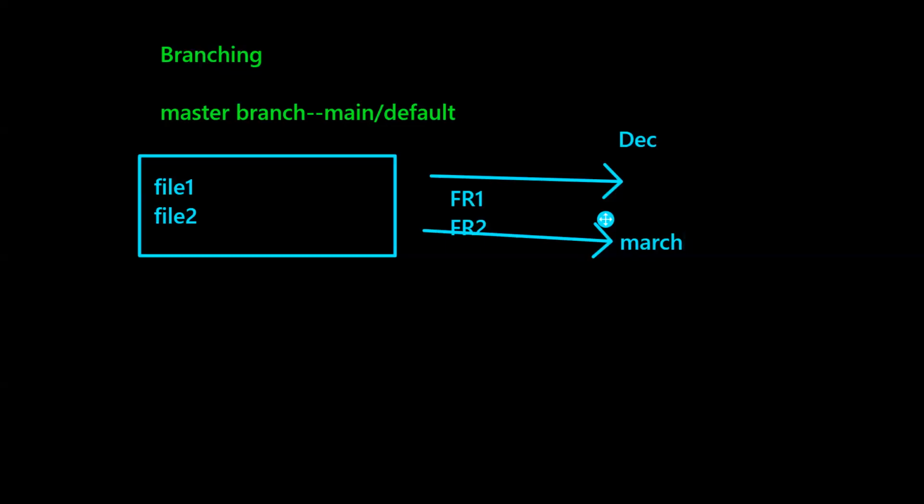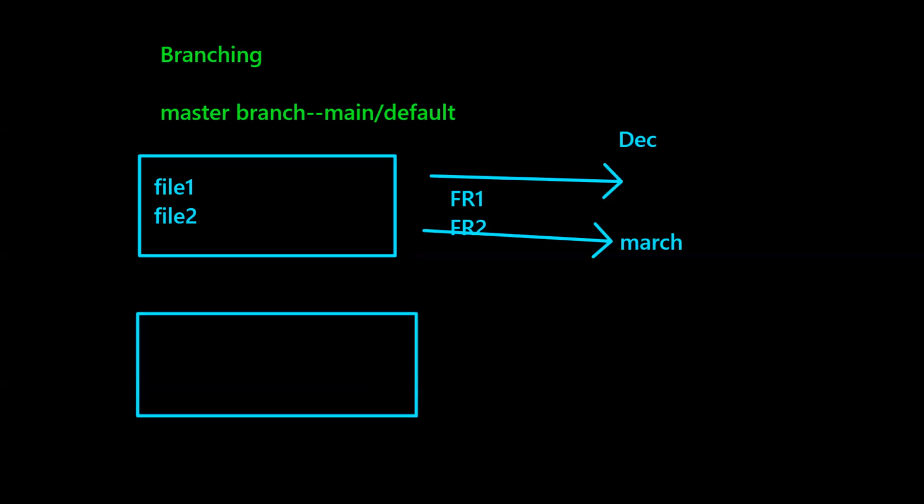Whenever you have to develop in parallel, something like requirement 1, requirement 2, rather than placing everything in the same branch, just create a copy of this master branch. Give some name like feature branch or B1, whatever. Whenever you create a branch from master, it will be an exact copy of master. But from then onwards, you can work in parallel.